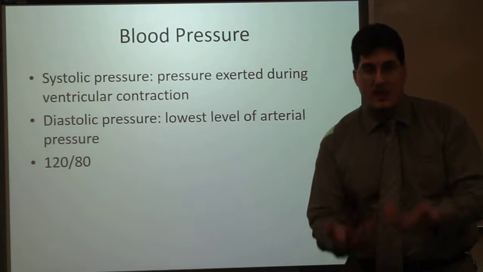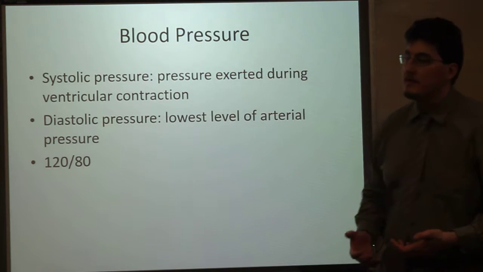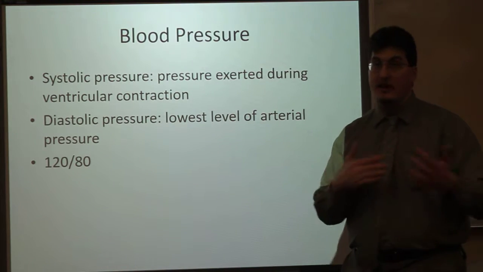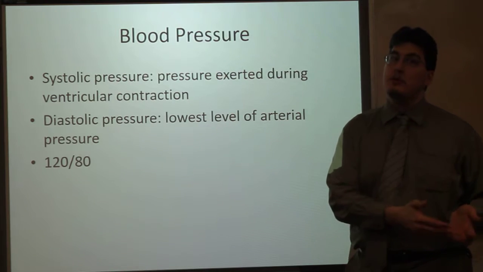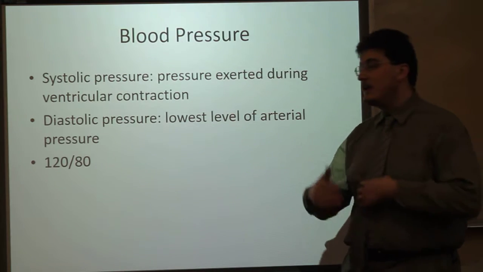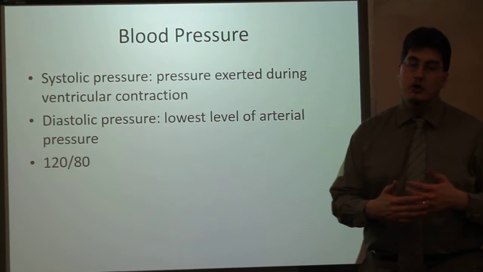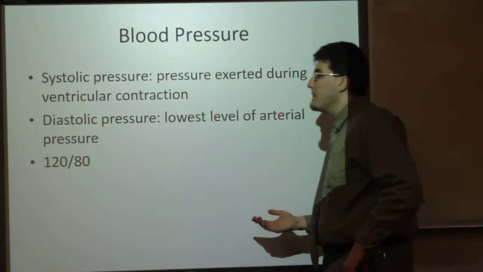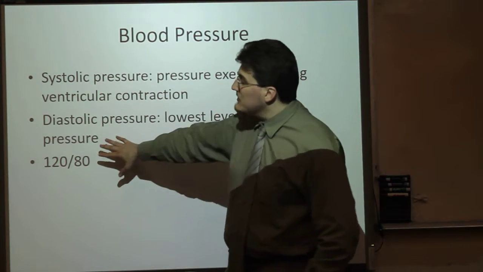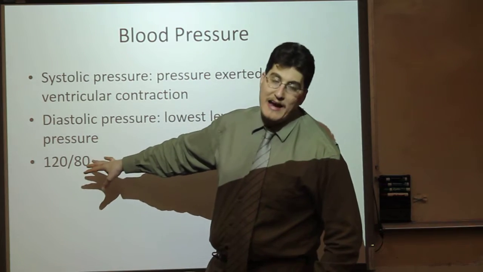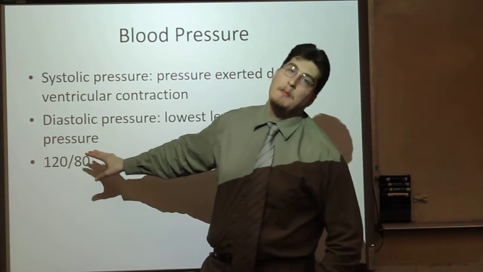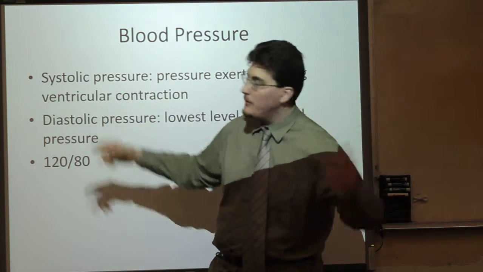That is a normal adult pressure. Now, there is a wide range of what is considered normal. In children, that number should be significantly lower, and in elderly, it could be significantly higher. So this number is variable, but 120 over 80 is just commonly accepted in common parlance as quote-unquote normal.